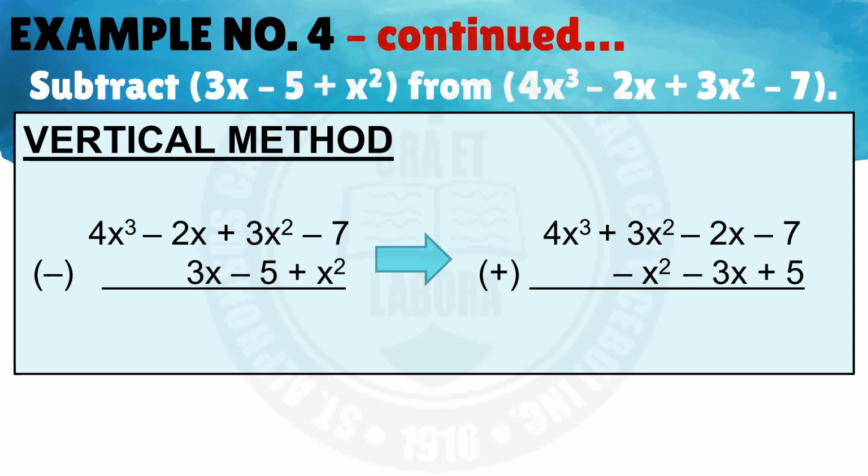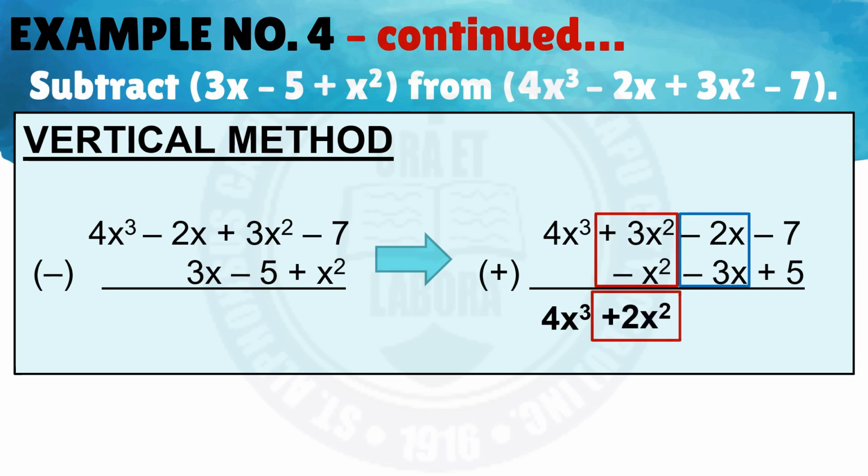See to it that we arrange the polynomials in column form, and the similar terms should be aligned in the same column, and then combine the terms which are said to be similar. So bring down 4x cubed, and then 3x squared plus negative x squared, the answer is 2x squared.